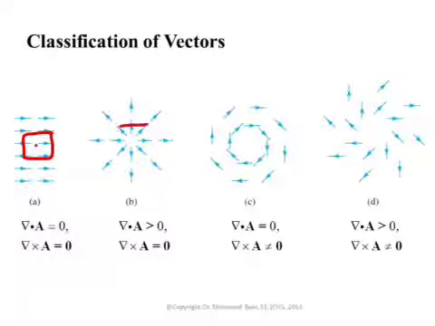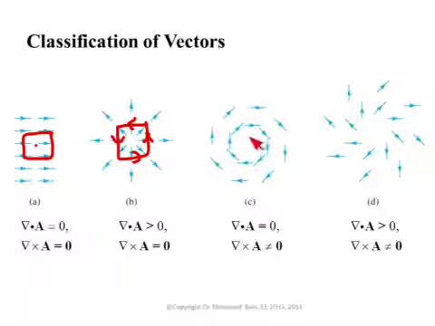If you try to build an element around here, you'll see that the integral of this function dot dl will cancel out. Some edges will give you a positive answer, the other edges will give you a negative answer with the opposite sign, and they end up with a zero. So a vector like this one has a non-zero divergence, but it's still a conservative field, an irrotational field, so its curl is zero.